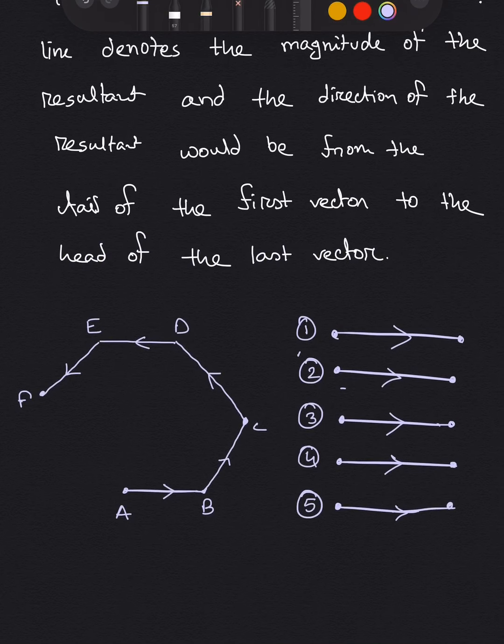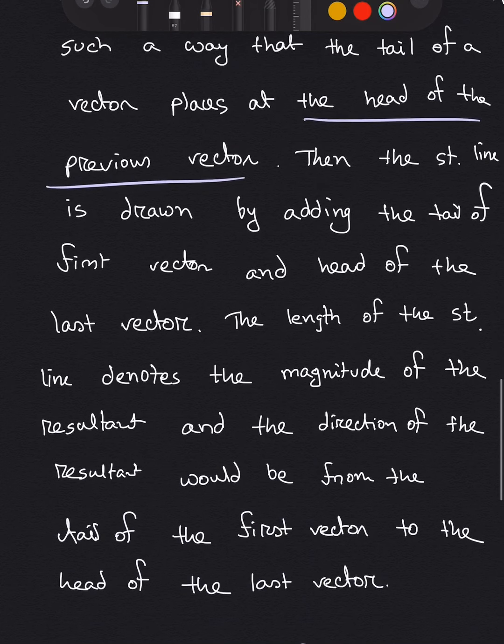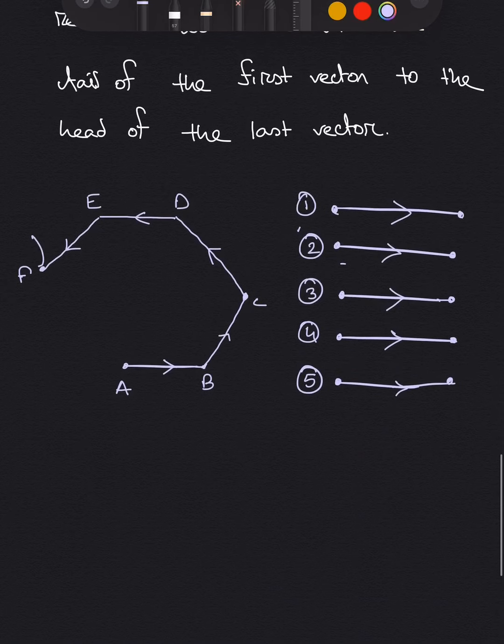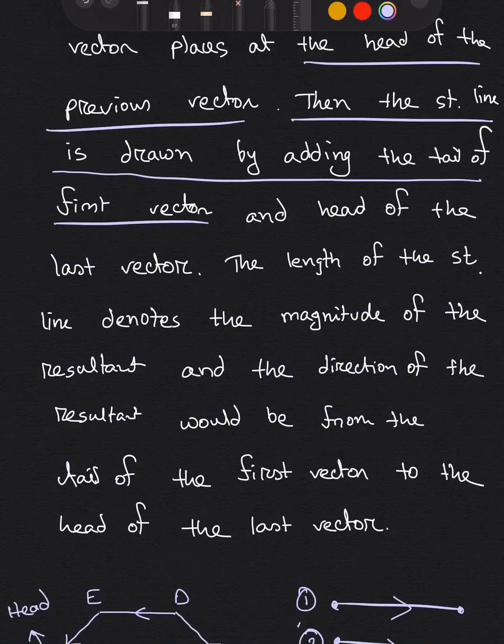We put all the 5 vectors according to the method of addition of more than two vectors. Then a straight line is drawn joining the tail of the first vector and the head of the last vector. This is the head of the last vector and this is the tail of the first vector. So we join these two points.